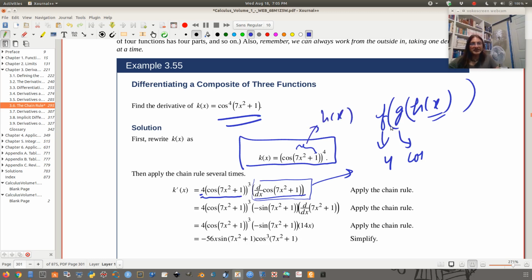So first we did df over dg. df over dg gave us 4 g to the power 4 minus 1, which is 3, times the derivative of the inside part. And now here you will break it down again. This is the derivative of cosine, which is negative sine of the inside part, times the derivative of the inside part, which is of course 14x. And simplify.